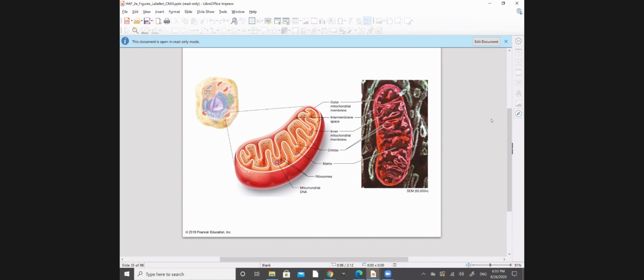If we look closely, they are like jelly bean or bean-shaped structures, oval, and they do have an extra double bilayer membrane inside of it, and they create these invaginations they call the cristae. Why do we have them? Through this membrane, there's actually the cleavage of the chemicals occurring, and here we create the molecules of ATPs right here.